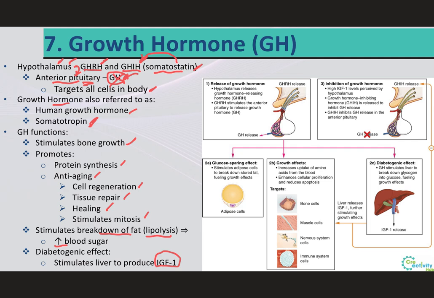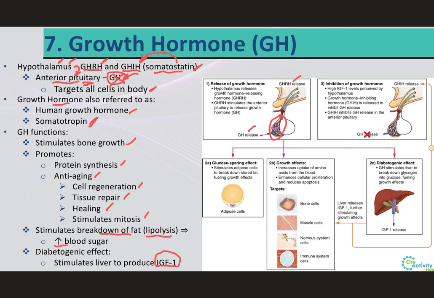This image to the right is showing how the process will work to release the growth hormone. So initially, you're going to have the hypothalamus releasing growth hormone releasing hormone, and this will stimulate the anterior pituitary to release growth hormone. Once the growth hormone is circulating throughout the body, a few things that it will do are listed here.